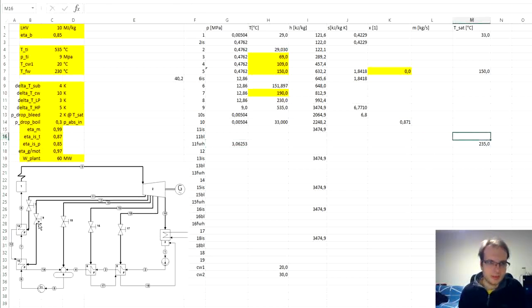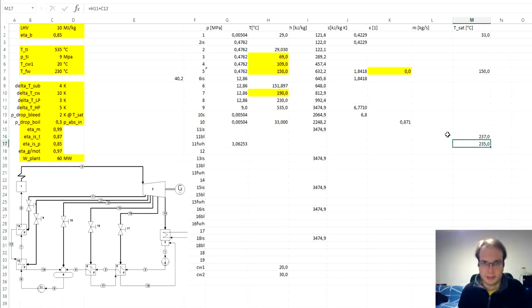Then we said that we have pressure drop across the steam bleeding line. That means point 11 BL will be at higher pressure. And this drop in the pressure was considered to be corresponding to 2 degrees Kelvin at the saturated temperature.